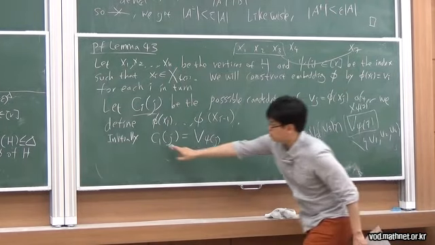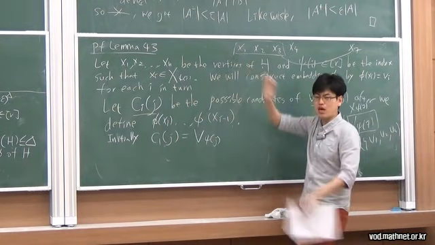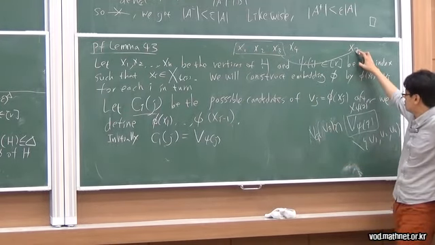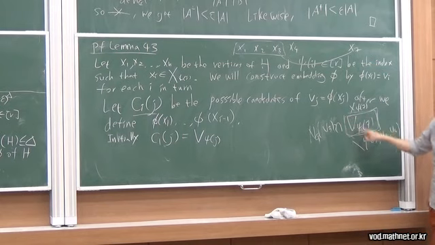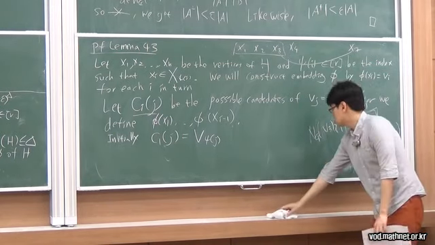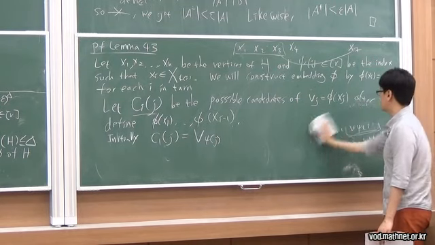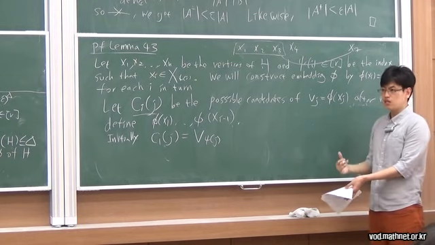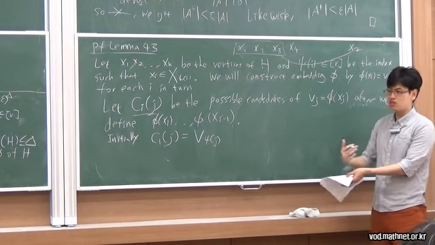Because C sub 1 means that we are about to embed x1, so we haven't embedded anything. If we haven't embedded anything, then this can go into any vertex in here. And then we embed one by one, and we keep track of how much is shrunk. And then we want to show that it never shrinks too much.